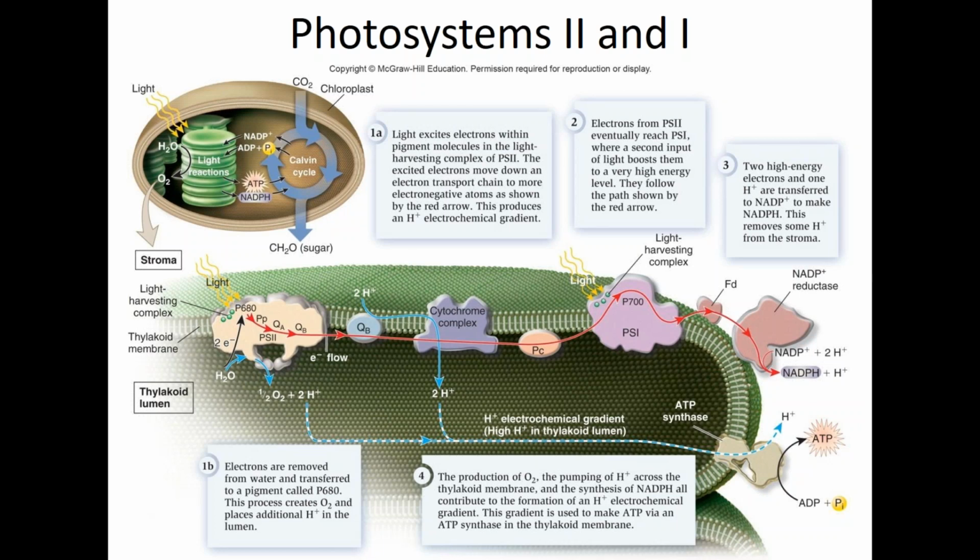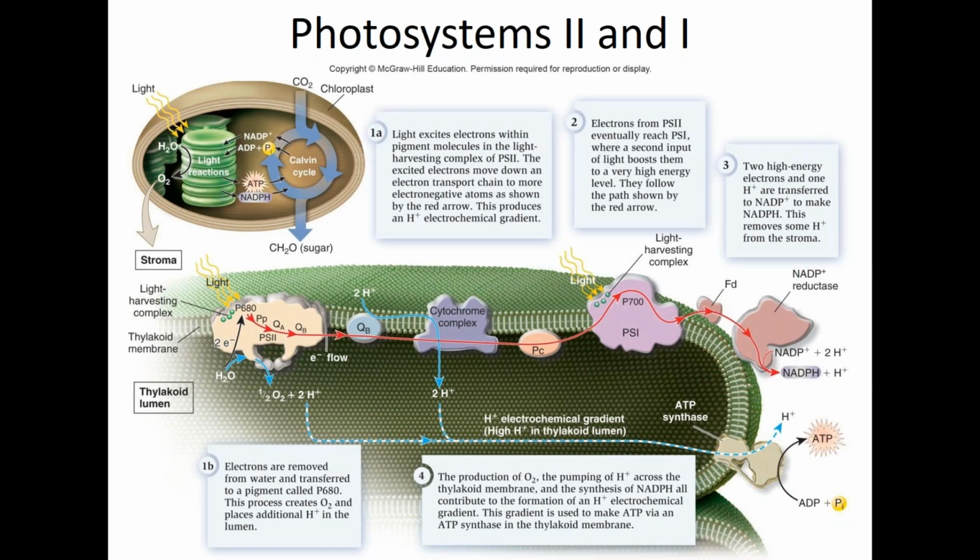They get transferred to a pigment called P680. That's where the oxygen's created. They bounce on down to quinones and other kinds of embedded proteins and down this cytochrome complex. And each time, hydrogen ions are pumped into the lumen.